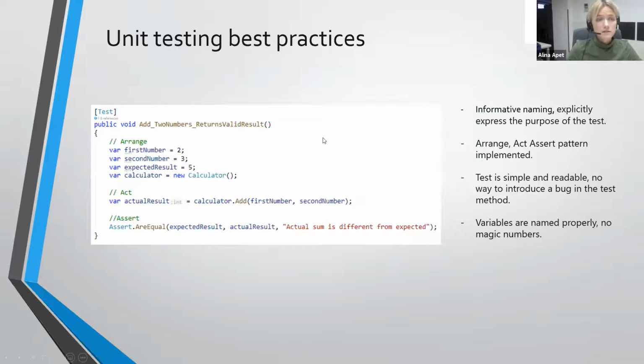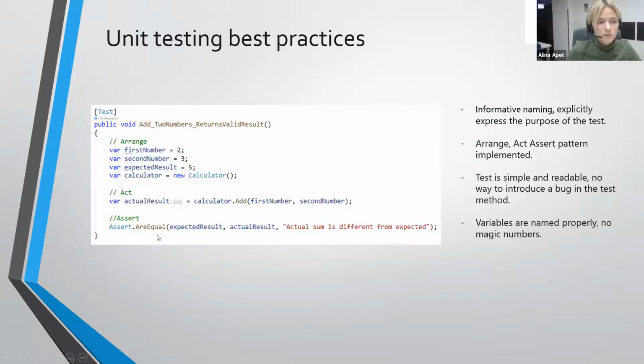And the test is simple. Everything is logical. We don't have any conditionals. I will show you also some other types of assertions, but it's very good practice to add error messages.